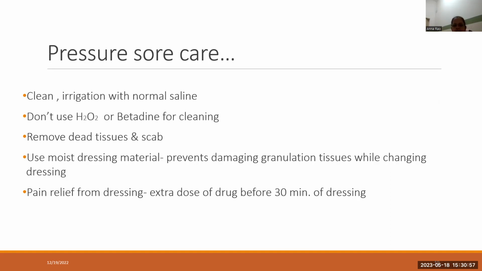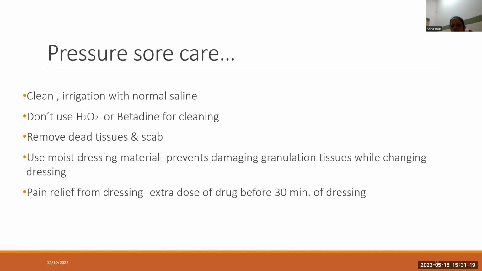Any dead tissues, any necrosed tissues, any scabs should be removed. How to go about it? Moist dressing is the best technique, because it will prevent pain also, and all the slough will come off when you wet the dressing.